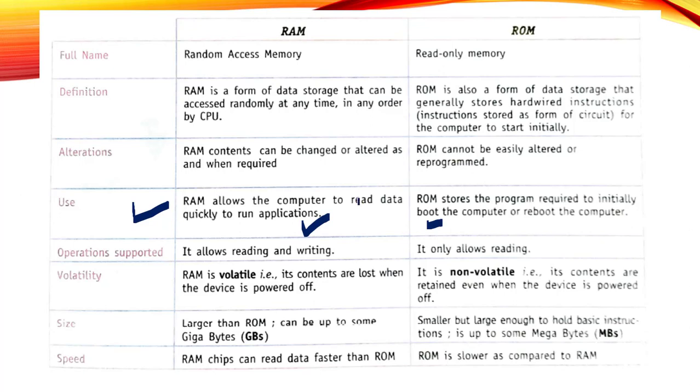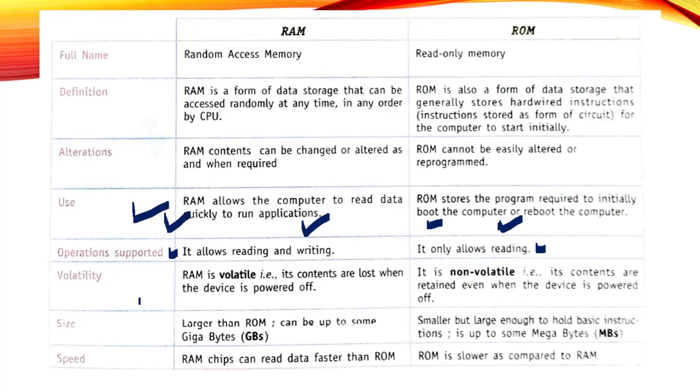So whenever we open any application, that application is stored in the computer's RAM, whereas whenever we start our computer system, the instructions for the booting are stored in the ROM. Then operations supported. Our RAM can read or write data, whereas ROM is only readable, it cannot be changed.